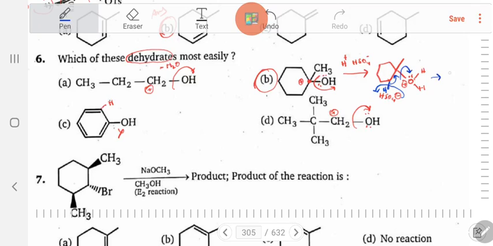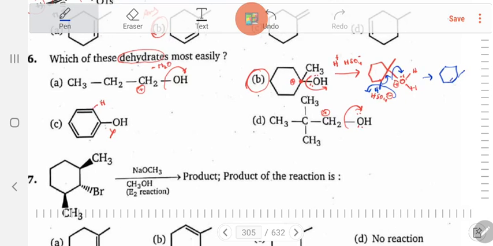Now that leads to product formation. So the obtained product will be, the methyl group here remains as it is and you will get a double bond. So that's how H2O will be lost overall. Right. So in which case H2O is lost more readily? In option B, H2O is lost more readily.